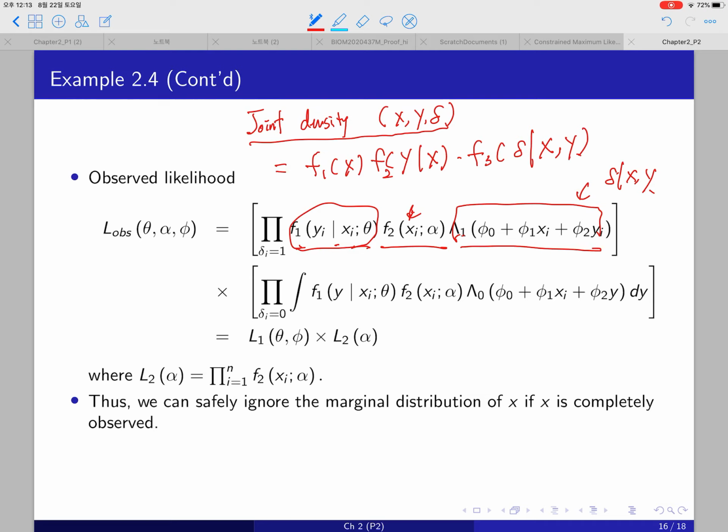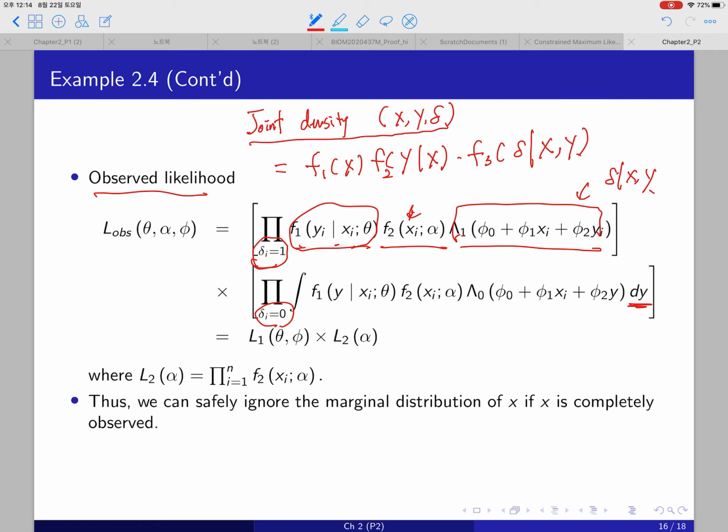For delta equal to 1, we just write the joint density. But for delta equal to 0, we need to integrate out over the missing part, which is the y in this case. So that's the way we can compute the joint density, the observed likelihood function.